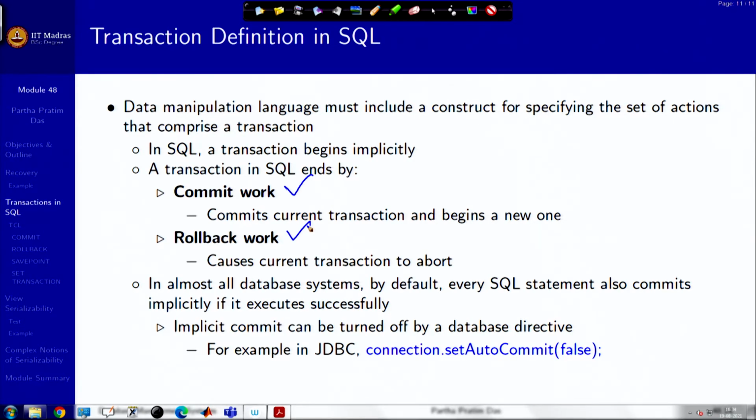Now, in almost all database systems, every SQL statement commits implicitly if it executes successfully, otherwise it rolls back. If you do not want that, then you can forcibly tell the database not to do implicit commit. Like in JDBC, you can do this to turn off the implicit commit.